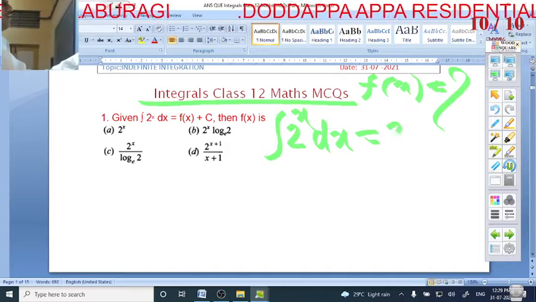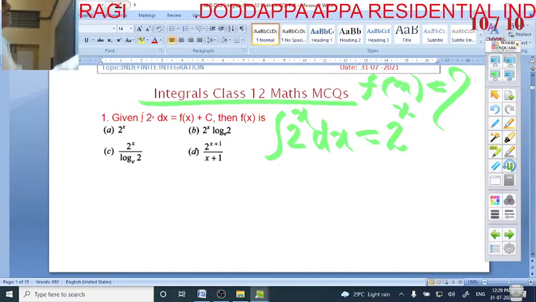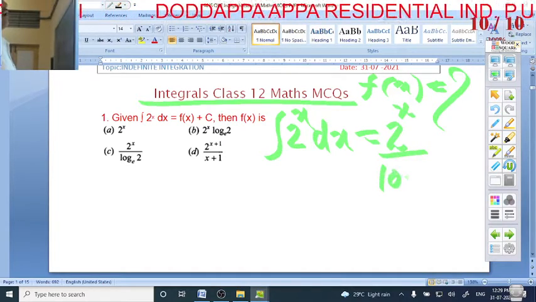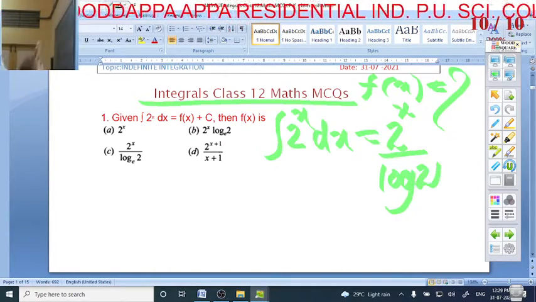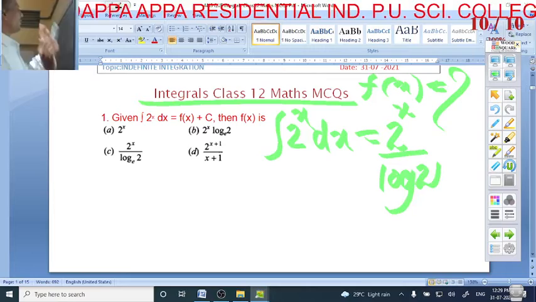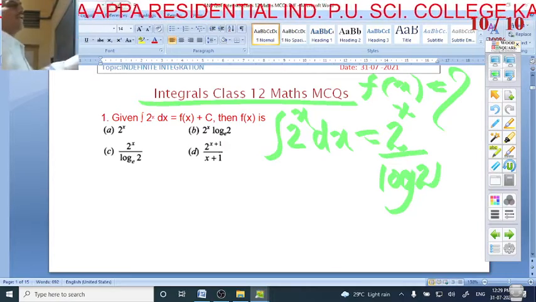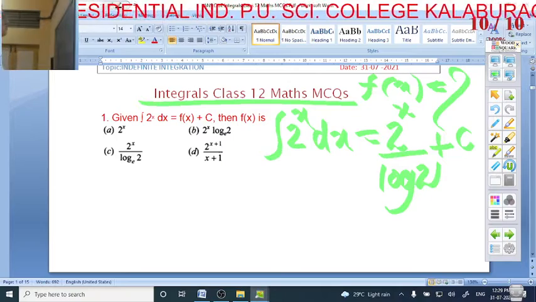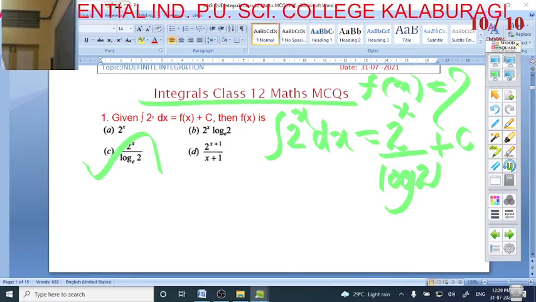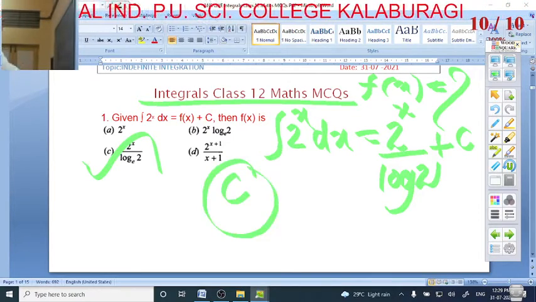As I told yesterday, 2^x divided by log 2. In differentiation we are multiplying, but in integration we are dividing, and in addition to this you have to write the integration constant, and option C is the correct one.